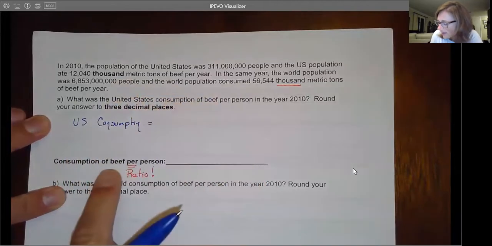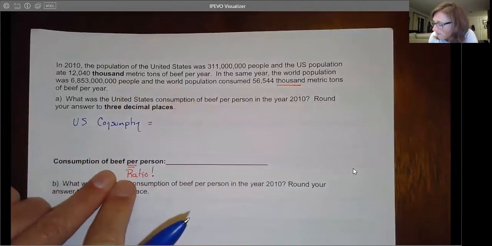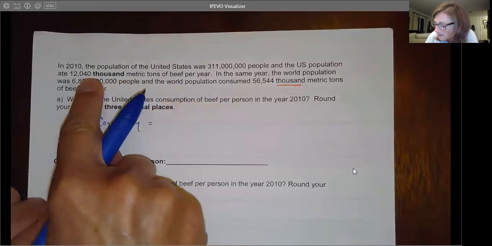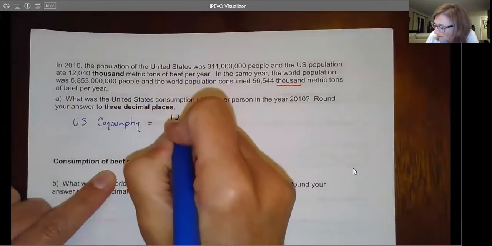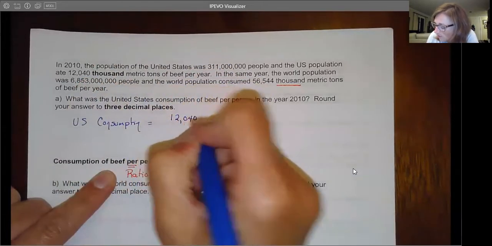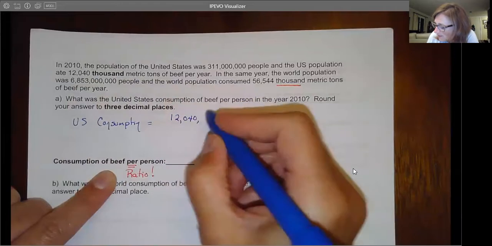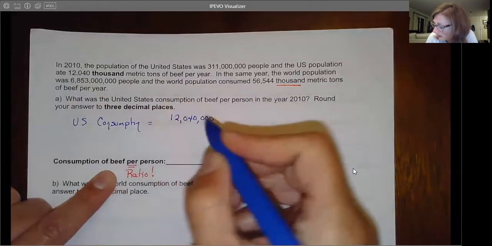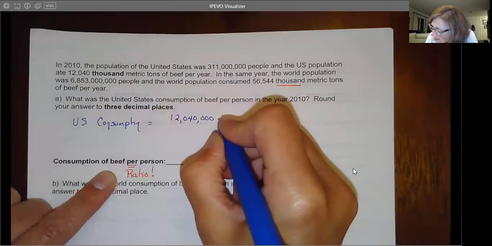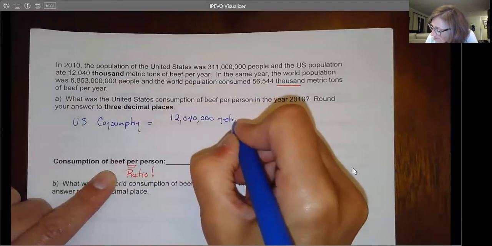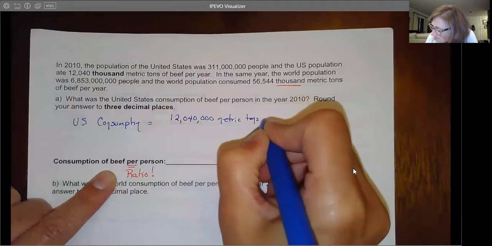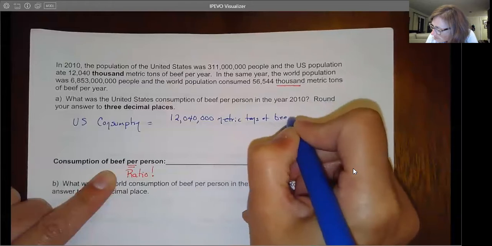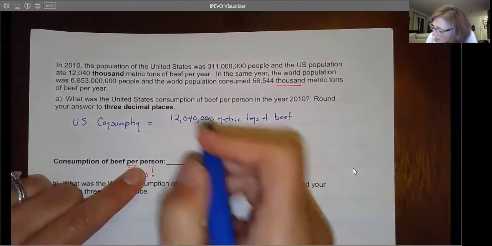Okay, now look, it's the total amount of beef. So there it is. It's 12,040, and then 1,000 means 3 more zeros. It's really 12 million. So this is metric tons per person.